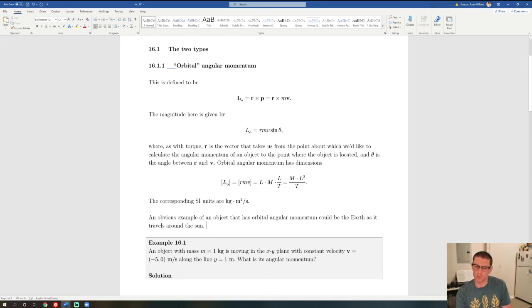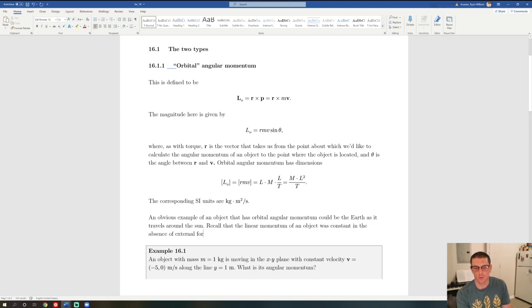Recall that the linear momentum of an object was constant in the absence of external forces.